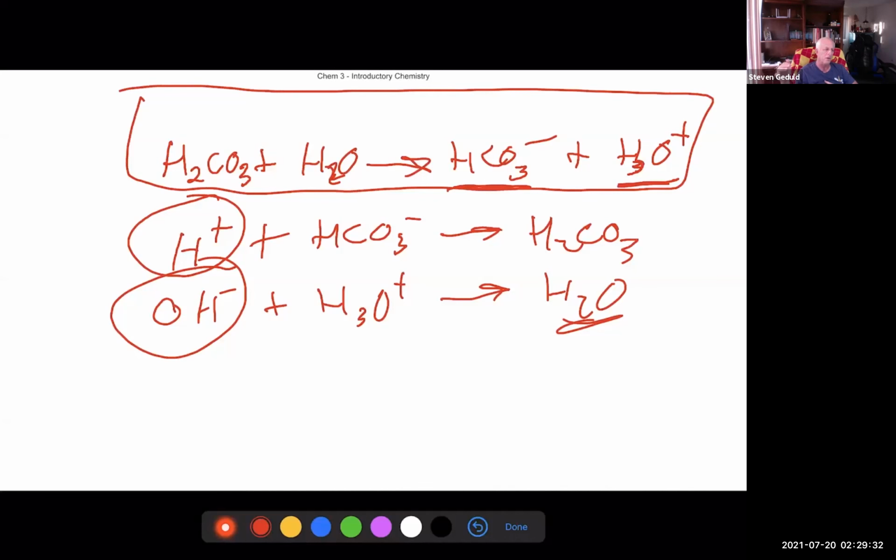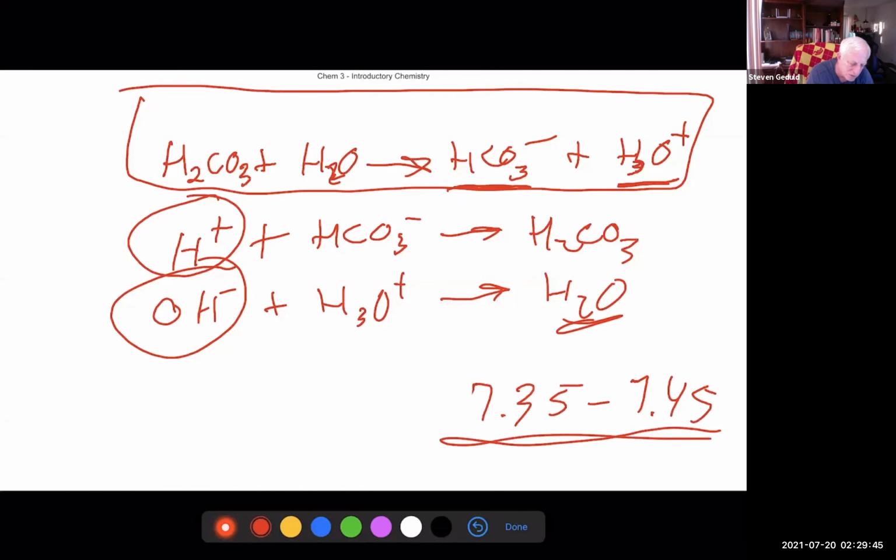It's in a very narrow range, 7.35 to 7.45. If it goes out of that range, you're in trouble. Because all your enzymes, which break down your food, provide your body with energy, and build your proteins, all work in that pH range.